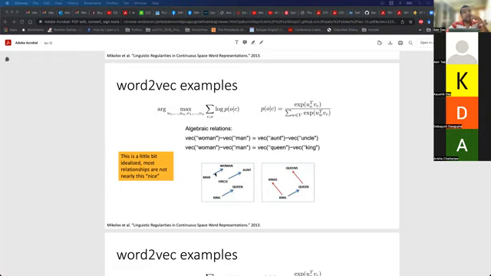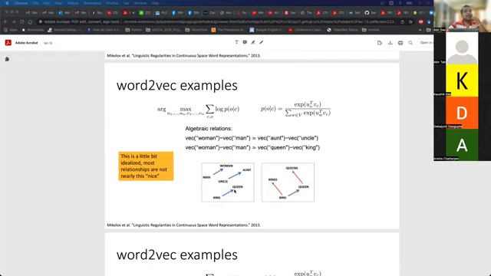And now if you add this direction or this vector to some masculine word, say uncle, you will be very close to the representation of aunt. So some sort of an algebraic relation is getting revealed here. And if you add this man-to-woman vector to king, the representation will end up very close to the representation of queen, and so on.